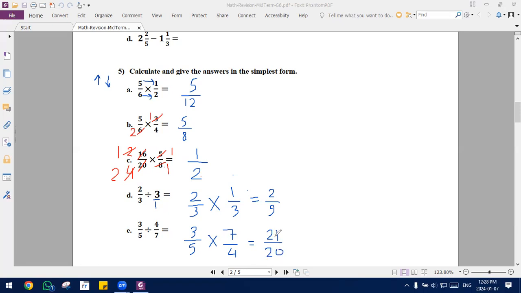Does the question here say you should make it mixed? No, it doesn't say. So we can keep it as it is. If it mentioned make it mixed, we continue. 21 divided by 20 is 1, and the remaining is 1 over 20. But here in this question, it didn't ask me to write that one, so we can skip it.